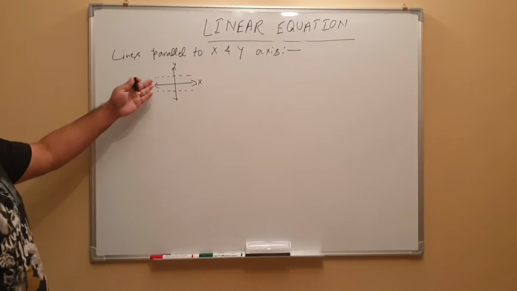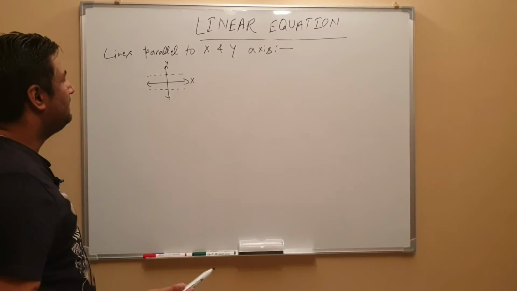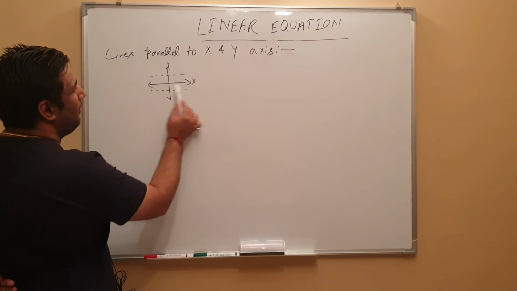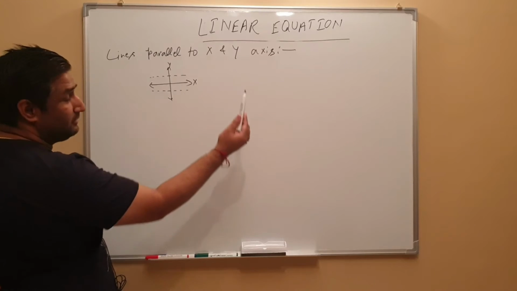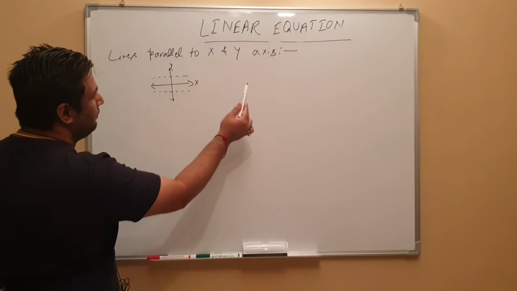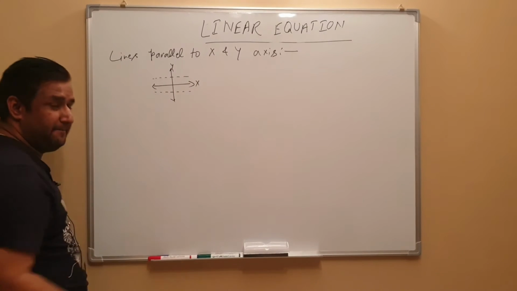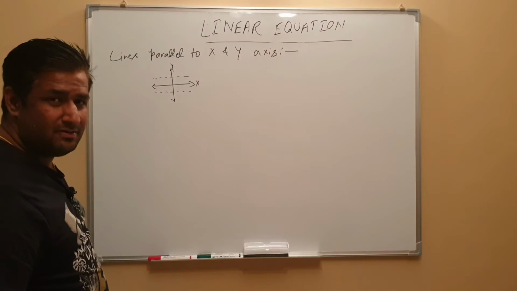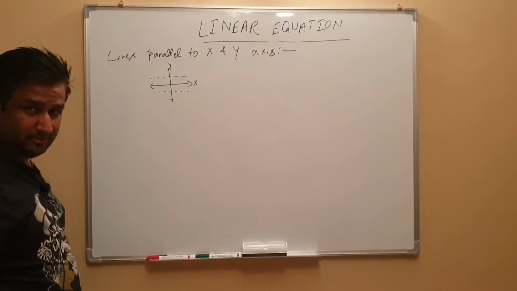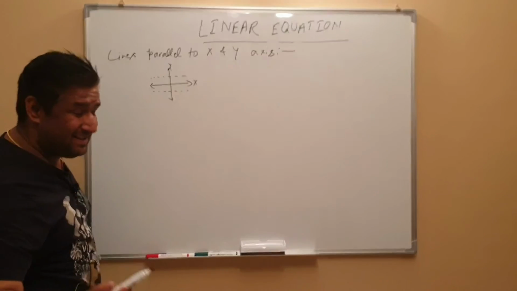So if you see this graph very carefully, what is happening out here? It is very simple: at all these values of x, whether it is 0, 1, 2, 3, 4, 5, or negative 1, 2, we have a fixed value of y, right? That means we have a fixed value of y, whatever is the value of x.